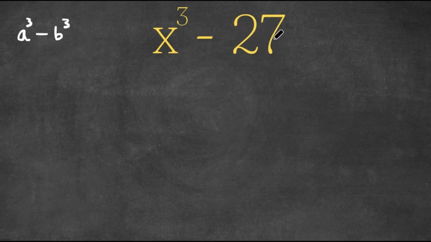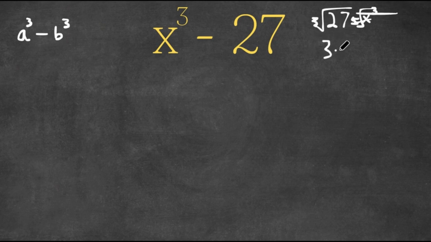So 27, well, 27 is x cubed. So if we take the cube root on both sides, these two cancel out, and the cube root of 27 is actually 3, meaning x equals 3.